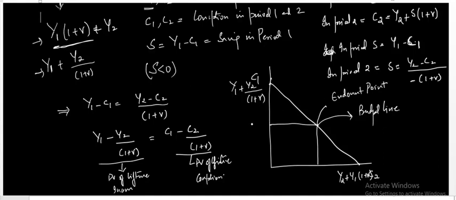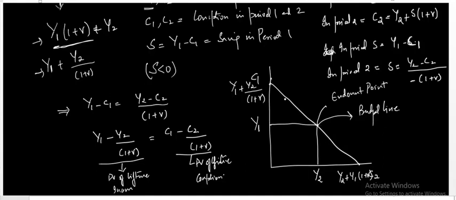This endowment point means that I am going to consume the income Y1 that I generate in period 1, the whole of that income in period 1, and the whole of the period 2 income in period 2. Whatever I am earning in period 1, I am going to consume in period 1, and whatever income I am earning in period 2, I am going to consume in period 2. So there are no savings and borrowings on the endowment point.